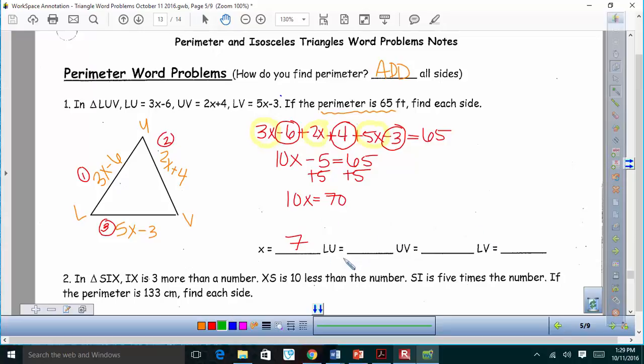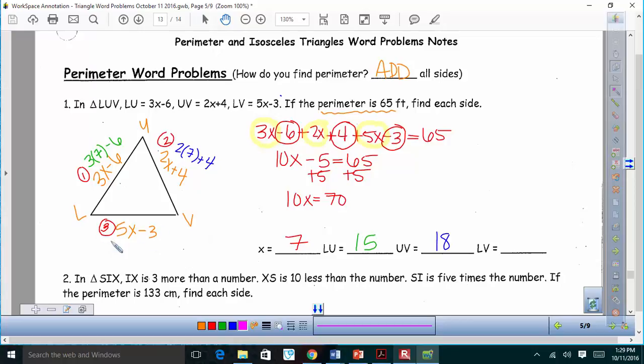So to find LU, I would plug in 7. 3 times 7 minus 6. 3 times 7 is 21, minus 6 is 15. Then we would do UV, so we would do 2 times 7 plus 4. 2 times 7 is 14, plus 4 is 18.